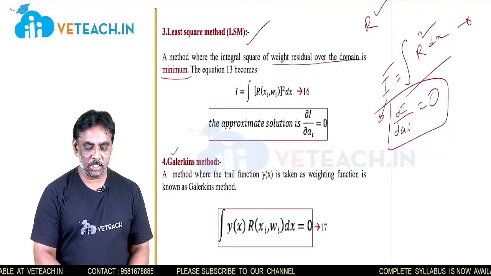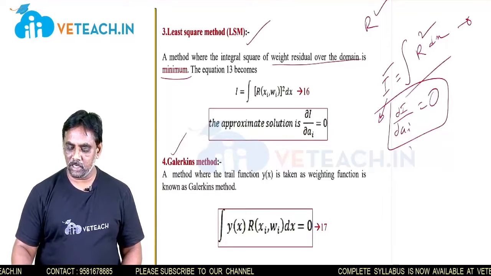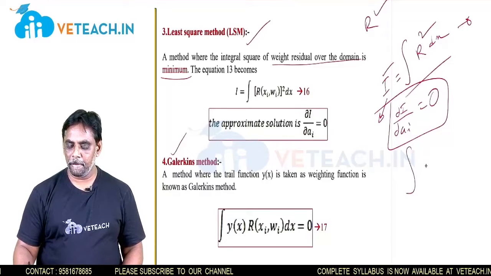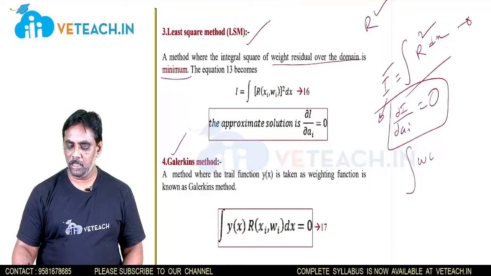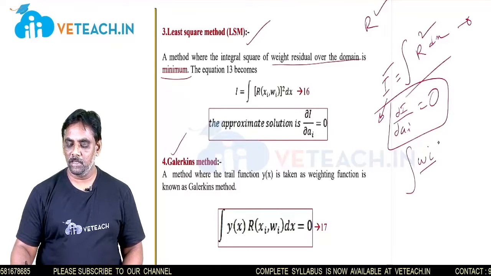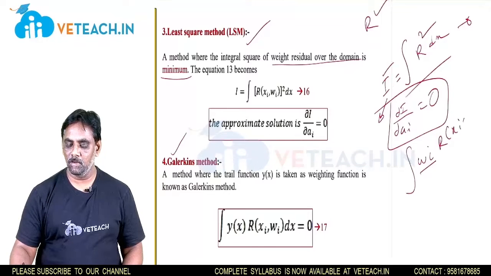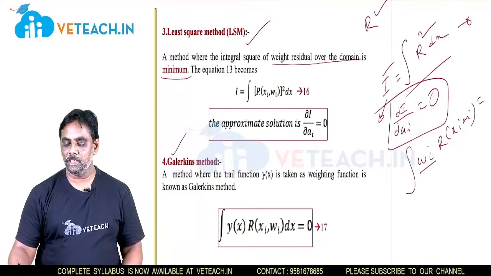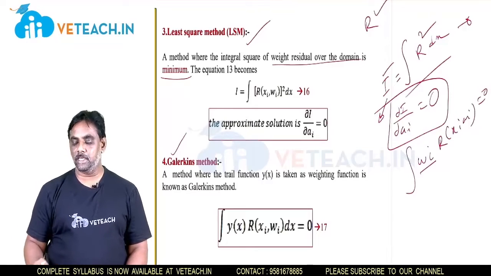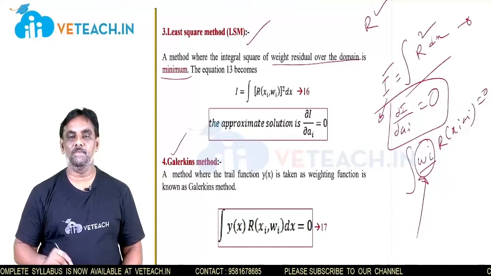And now the last method, the Galerkin method. As we discussed in the previous slide, generally the weighted residual method is nothing but the product of the weight function and the respective residual over the domain, set to 0. But in this case, the weight function is assumed as a polynomial function.